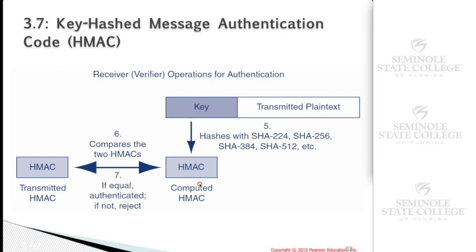They calculate the HMAC, and they look at the transmitted HMAC and see if they match. If they're equal, then the message has not been tampered with. So that way they always know that they are reading what they're supposed to be reading.